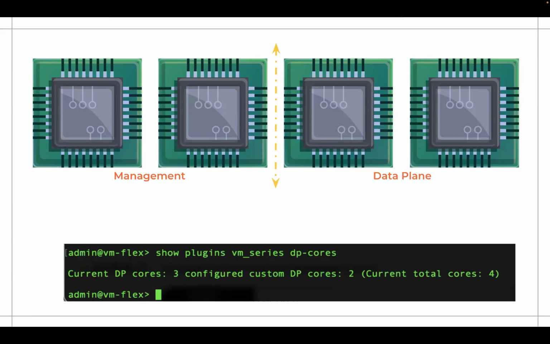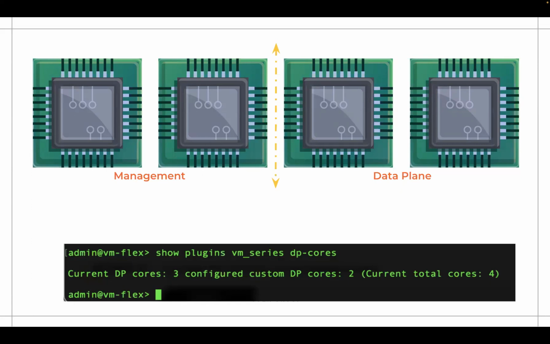More often than not, where we see this is when we get into 16 or 18 or 22 or 32 vCPUs. Those come with a certain number of management plane vCPUs by default. So if you're dealing with those large numbers of vCPUs, a lot of times it makes sense to reallocate the CPUs that you have available to the management plane versus the data plane.